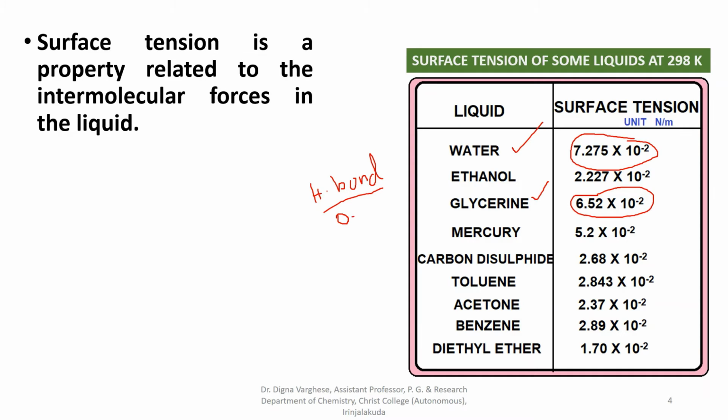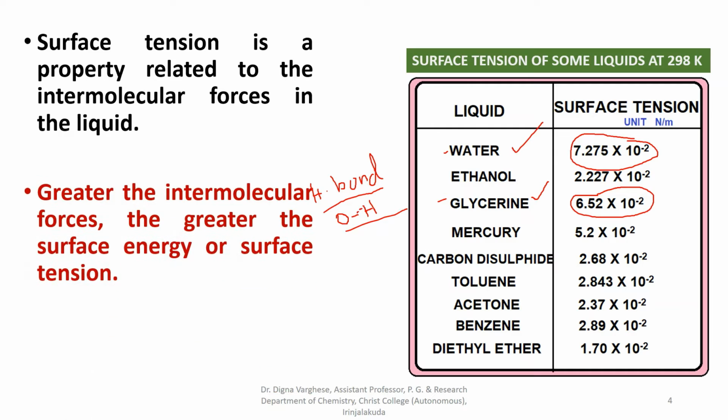In the case of water and glycerin, there is oxygen, so that is attached to the neighboring molecules' hydrogen, forming hydrogen bond. So in the case of water and glycerin, there is hydrogen bond and so the value is high. Greater the intermolecular forces, the greater the surface energy or surface tension.